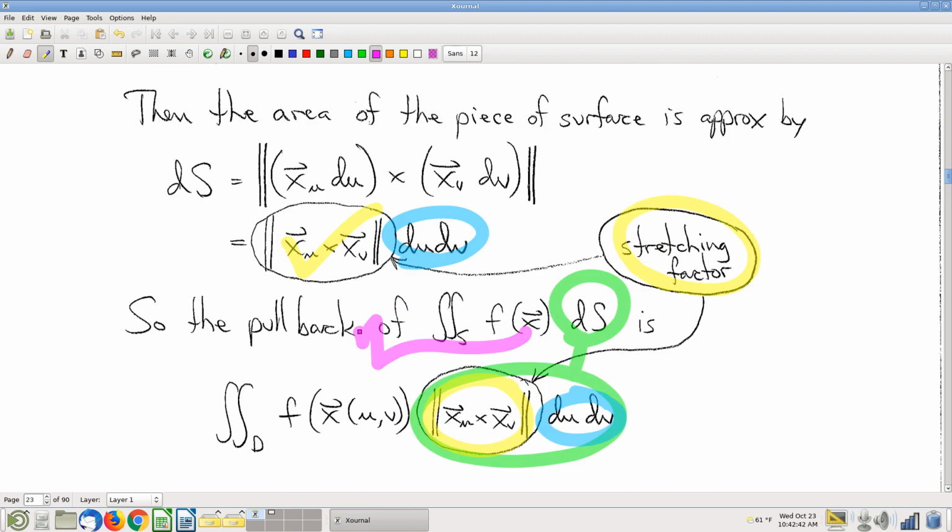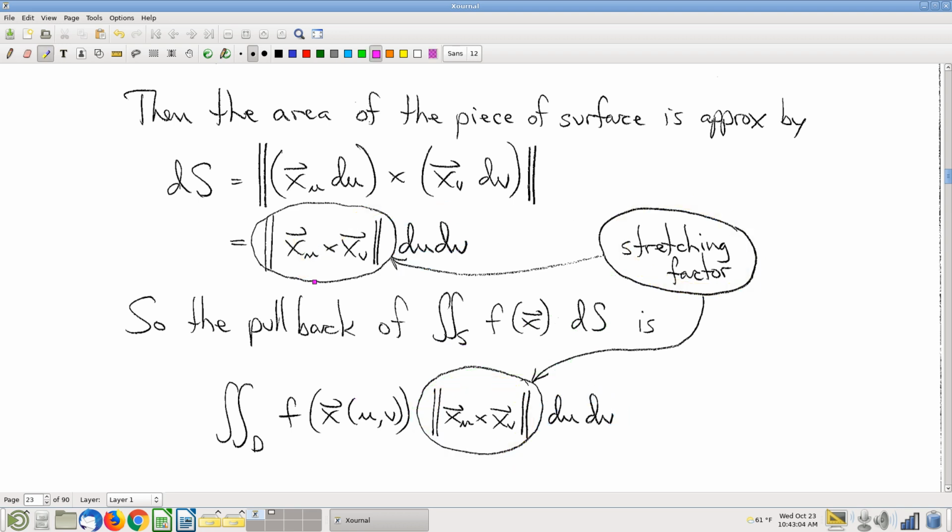X is, of course, a function of u and v. Just plug that right in there. Like every other pullback that we've done, change of variables or different coordinate systems, just plug in what the output coordinates are, directly from the change of variables function. And you've got yourself a new integral. We're going to see some examples in a couple of minutes.